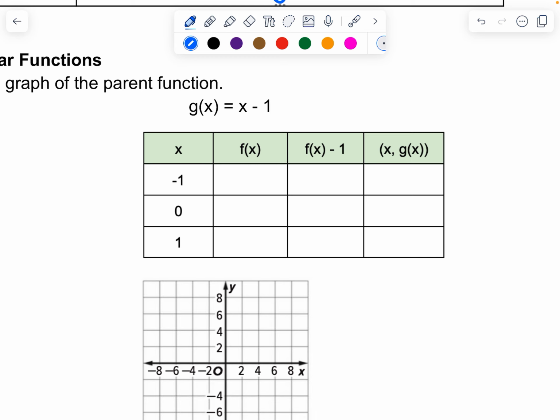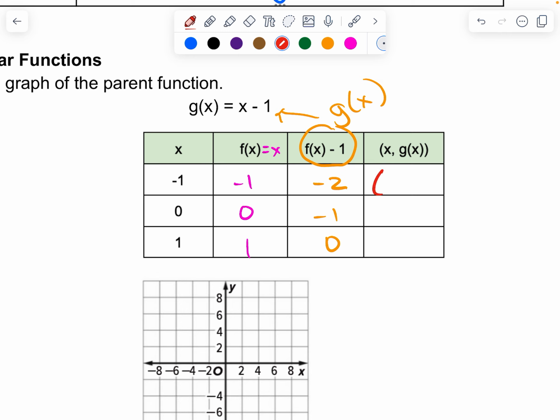So my f of x, again, this equals x. Whatever x is, f of x is the same thing. This time, we're going to subtract 1. Remember, this right here is your g of x. How do I know it? Because it's right there.